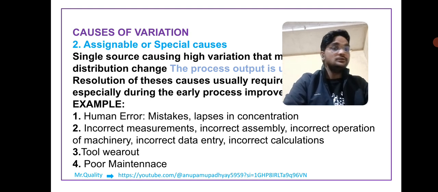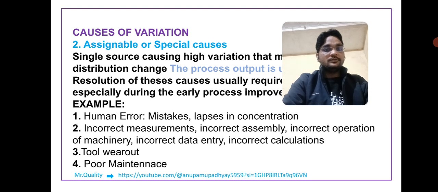Third is tool wear out, meaning tool punch broken, insert broken, tool cavity damage, tool guide pin broken, and tool guide pin worn out. Fourth is poor maintenance, meaning predictive maintenance, preventive maintenance, time based maintenance, and overhauling is poor.